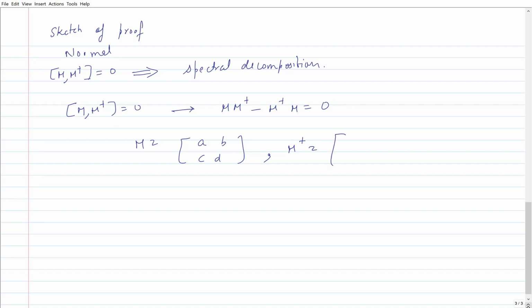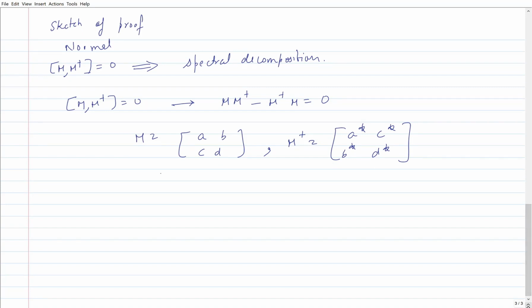Now, let's take the most simplest case, a 2 by 2 matrix. Then M dagger is this. So what does M dagger M minus M M dagger equals 0 imply? Well, if you multiply it purely in terms of the matrices, it implies essentially a square plus b square is equal to a square plus c square.